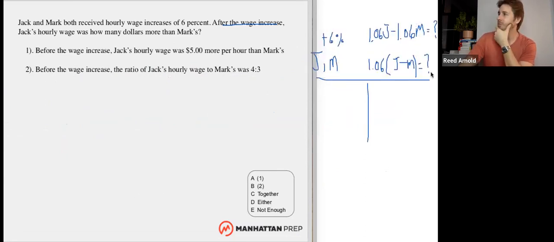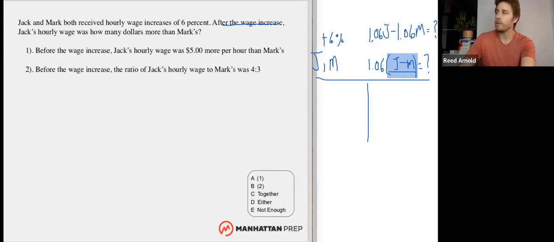But what I would notice at this point is that to answer this question, I really need to know what Jack minus Mark's wage currently is. If I know that, I can increase that by 6%, and that will get me how much more Jack's wage is after the wage increase.